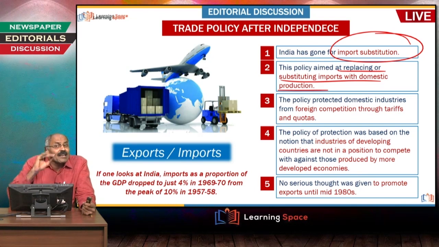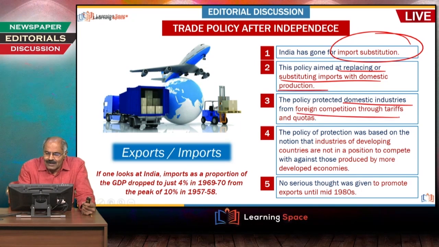So there were several import controls in the 1960s, and the policy protected domestic industries from foreign competition through tariffs and quotas. Because of import substitution, imports were restricted and minimized, and the government protected the domestic industries.